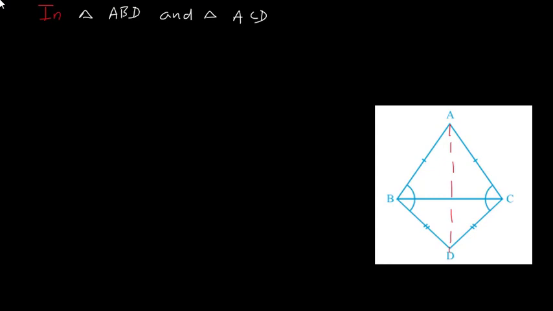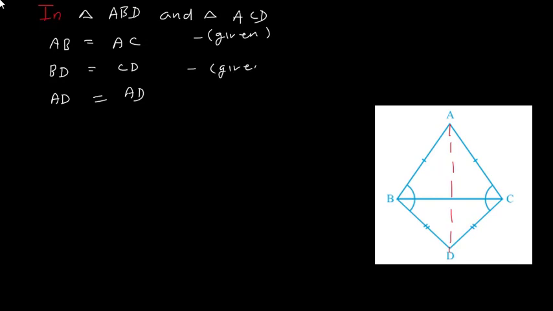Now in these two triangles, AB is equal to AC, BD is equal to CD, and AD is common, AD is equal to AD. Okay, this is given, this is given, and this is the common side.